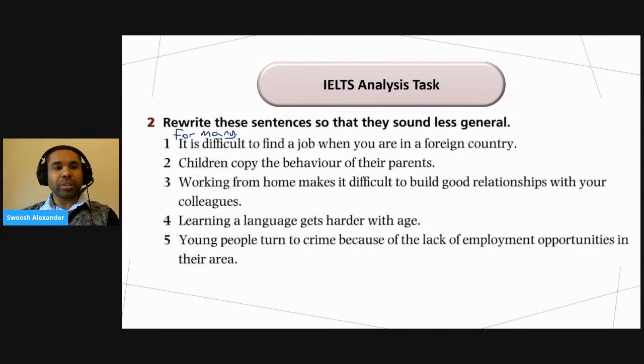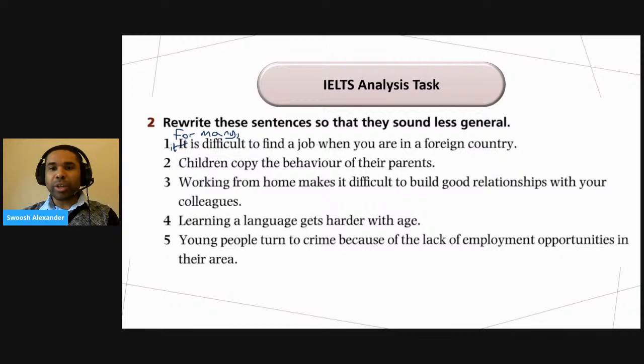So for many, comma, we would use afterwards, it is difficult to find a job when you're in a foreign country. Okay, then obviously we'd have a lowercase it, because we've used for many to begin the sentence. So this is one example of how we could modify the sentence so that it is more precise and that it reads in a more academic fashion.